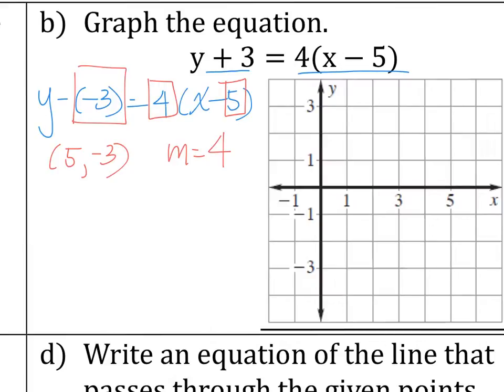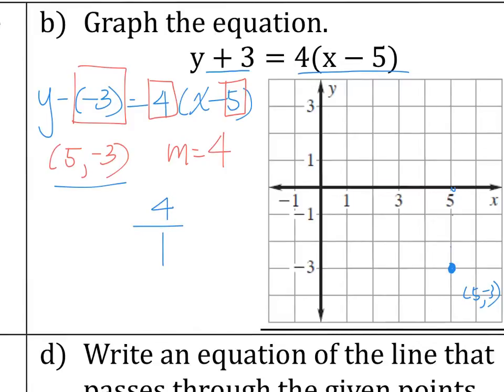So, to graph this, I'm going to have to first plot (5, -3). So I'm going to do that. 5 is right here, and I need to move down -3 units. 1, 2, 3. Now I need to look at the slope. 4 over 1.